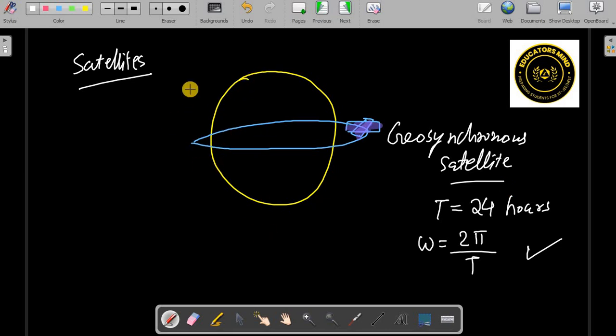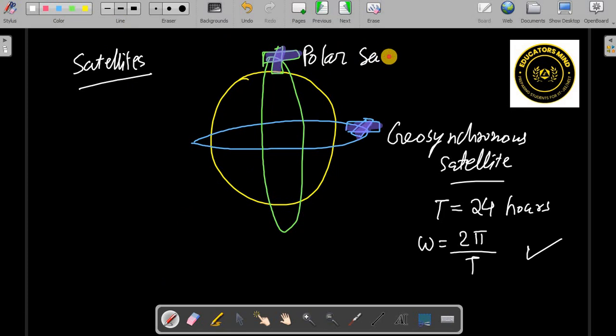There are other satellites which go along the polar orbit, north-south. This satellite is called a polar satellite. The time period of a polar satellite is quite small, maybe a few hours.